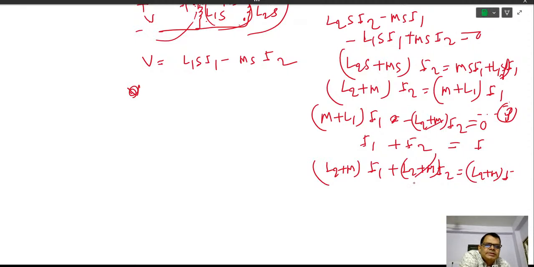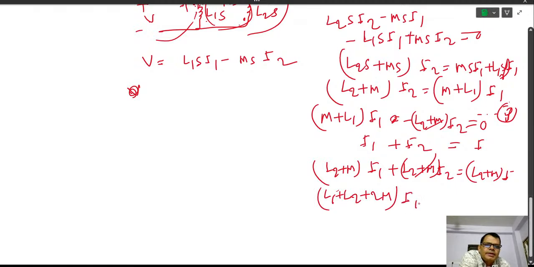Okay, this and this cancel. So you have, see here, (L1 plus L2 plus 2M) into I1 is equal to (L2 plus M) into I. So I1 is equal to (L2 plus M) upon (L1 plus L2 plus 2M) into I.